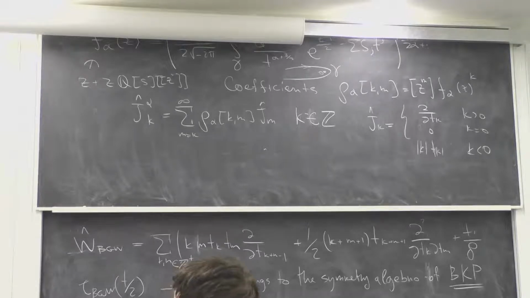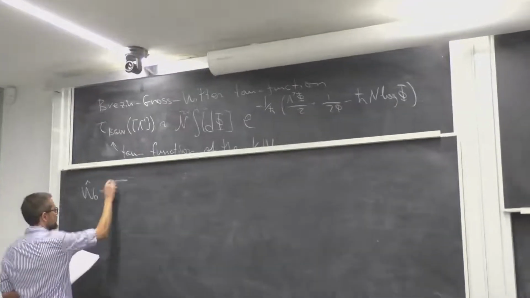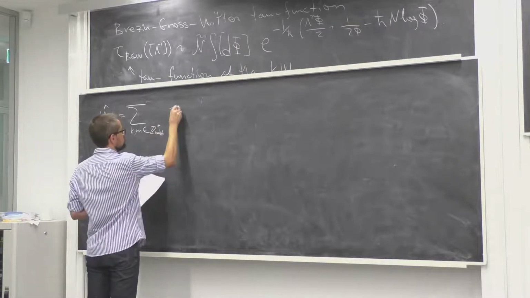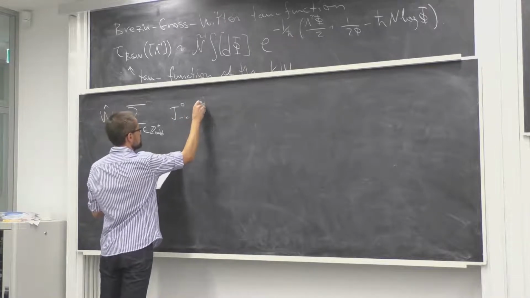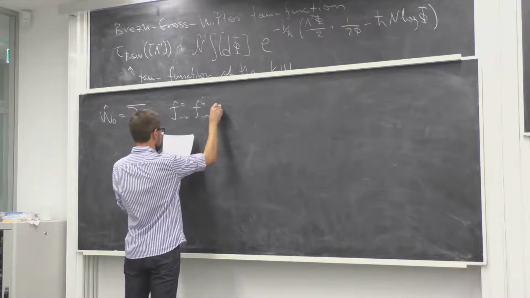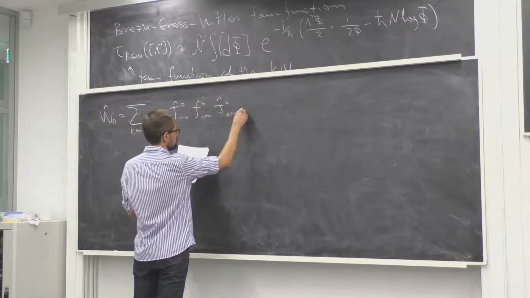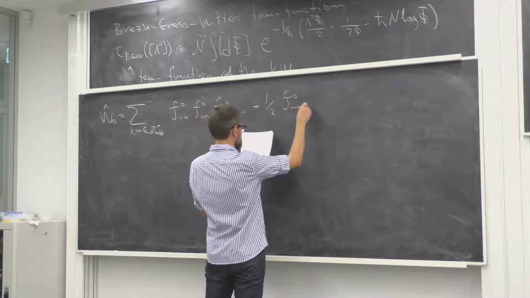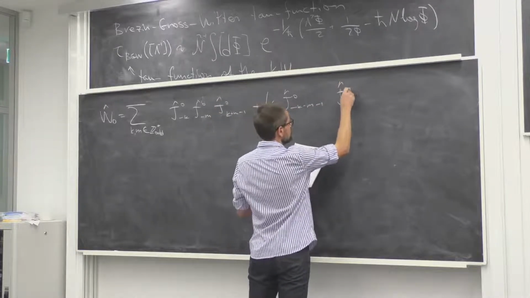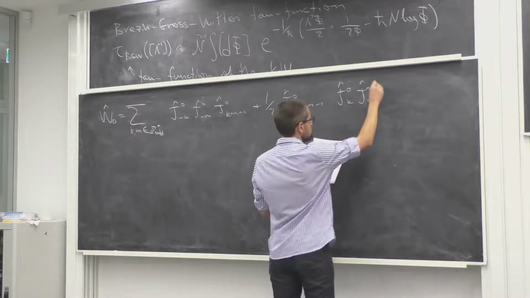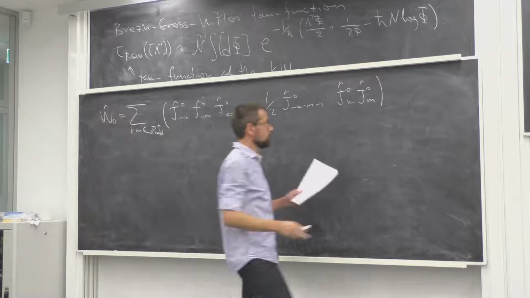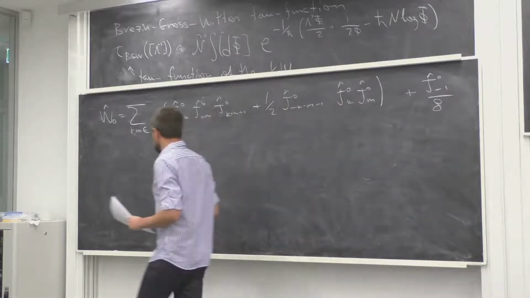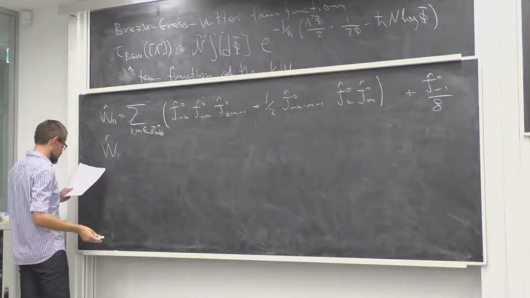So we consider the operators W0, W1 and so on, with the sum over k and m of J minus k, J minus m, J k plus m plus 1, and a similar expression for W1. I will not write it.